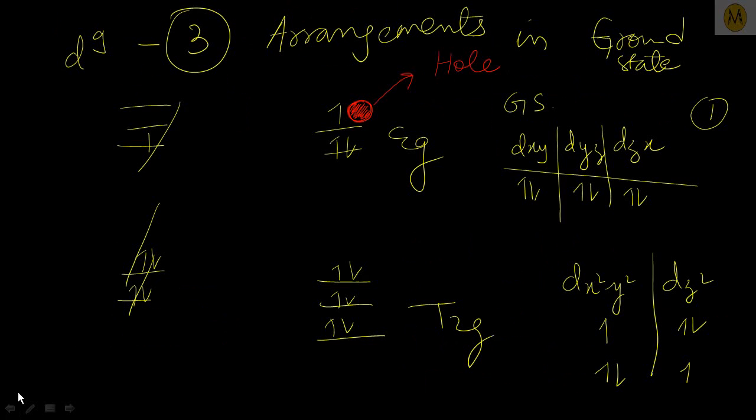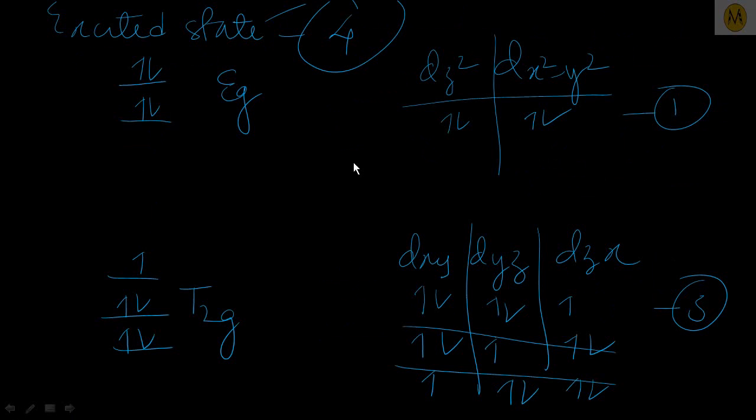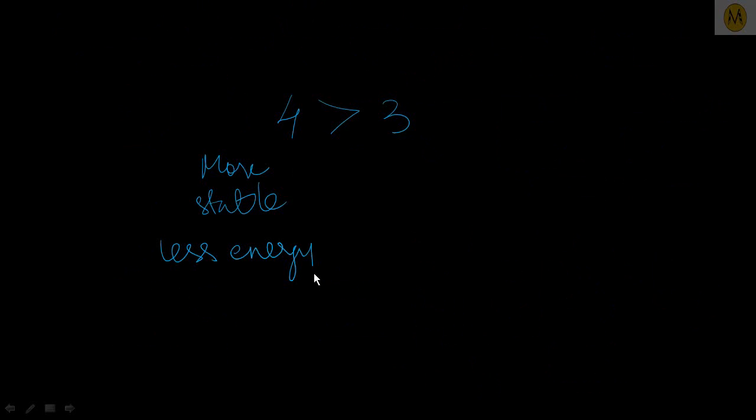In ground state we have 3 arrangements, and in excited state we have 4 arrangements. So did you see the paradox? That means 4 is greater than 3, which is more stable, less energy.